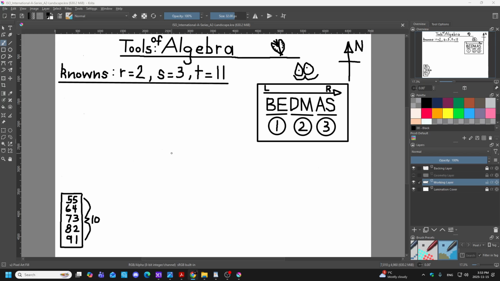We are substituting, and the question is t squared plus 8st plus r squared.